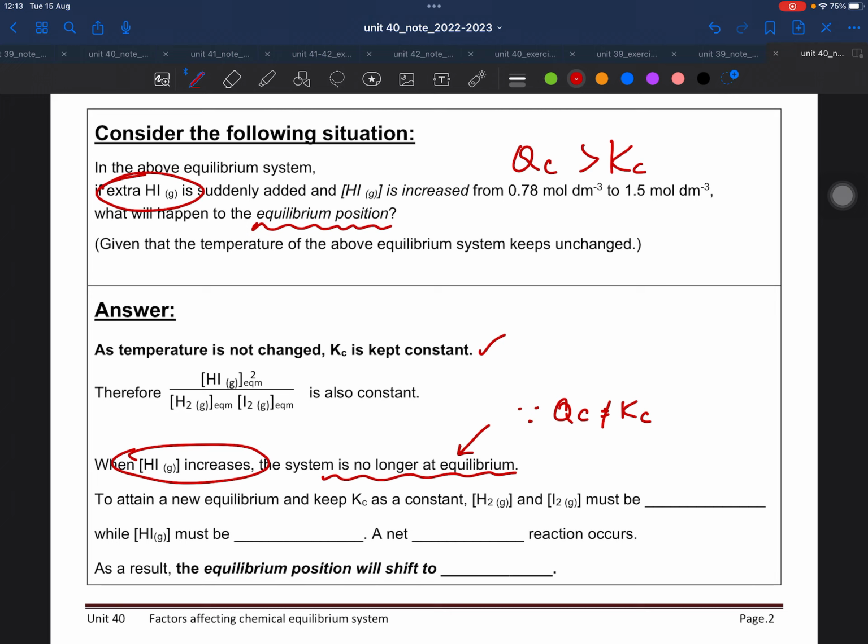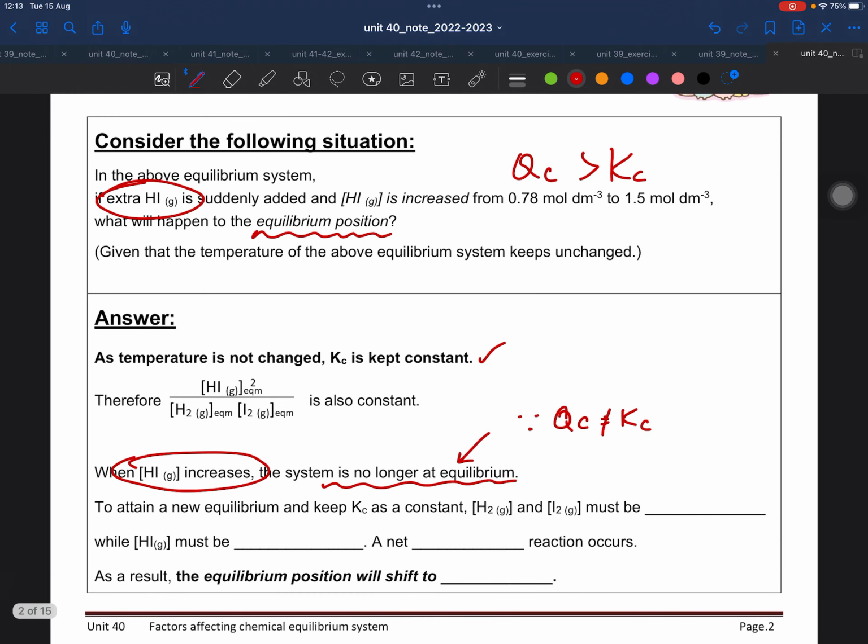So in order to keep the new equilibrium and keep Kc constant, the H2 and I2 must increase because we have too much product, while the HI must decrease. A net backward reaction. Let's highlight this sentence, net backward reaction.